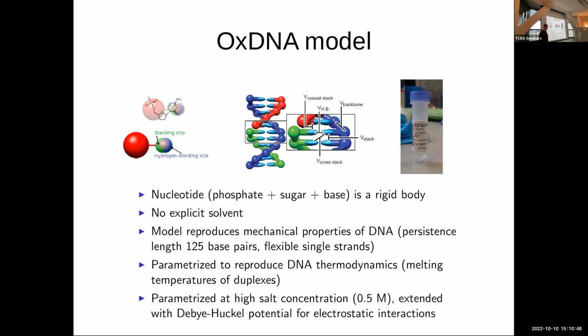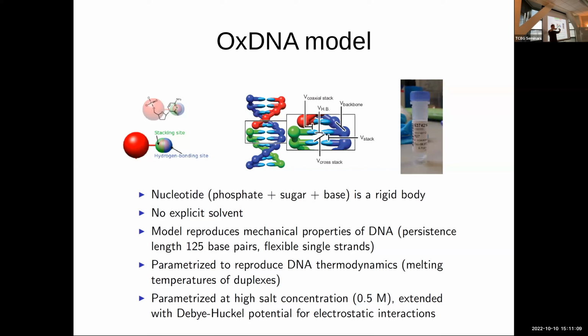Our potentials are a product of several different functions. There's one function which depends on the distance. You want the interaction site, for example, for hydrogen bonding, to be at the desired equilibrium distance, which corresponds to the width of the DNA helix. And then you also want the rigid bodies to be oriented coplanarly, facing each other.